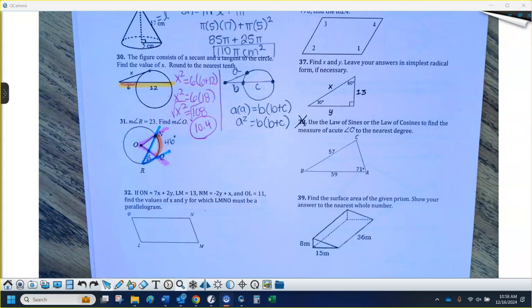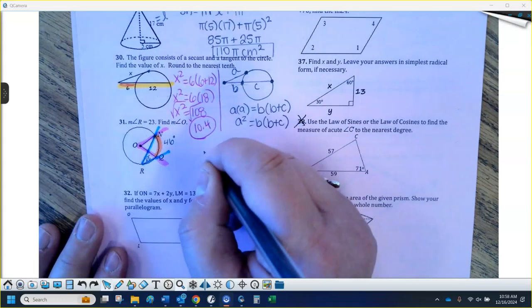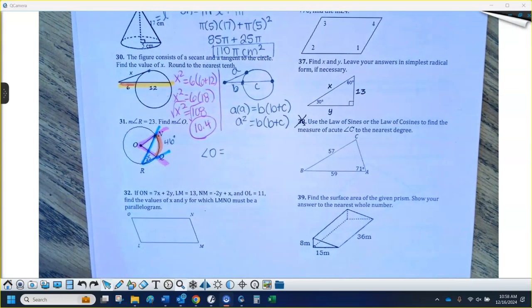Now what's the relationship between that arc and the central angle? If I know that arc, because that central angle we're trying to find intercepts that same arc, what's the relationship between the angle and the arc there? So what would you tell me the measure of angle O is? It's not 23; that's if the vertex is on the circle. This angle, the vertex is on the center.